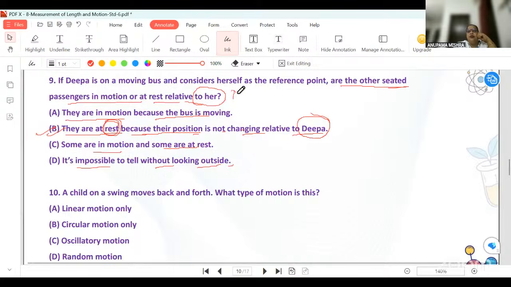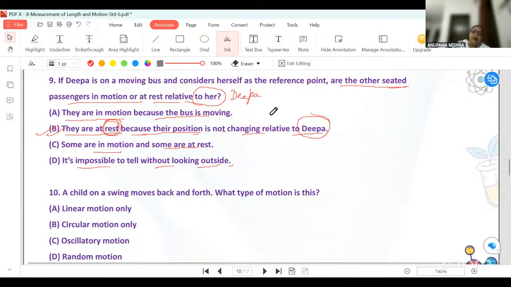Relative to her means what? To Deepa. So Deepa is on a moving bus and considers herself as the reference point. If she is sitting, the rest are also at rest relative to her. They are not in motion. They are at rest. Yes, B is the correct answer.